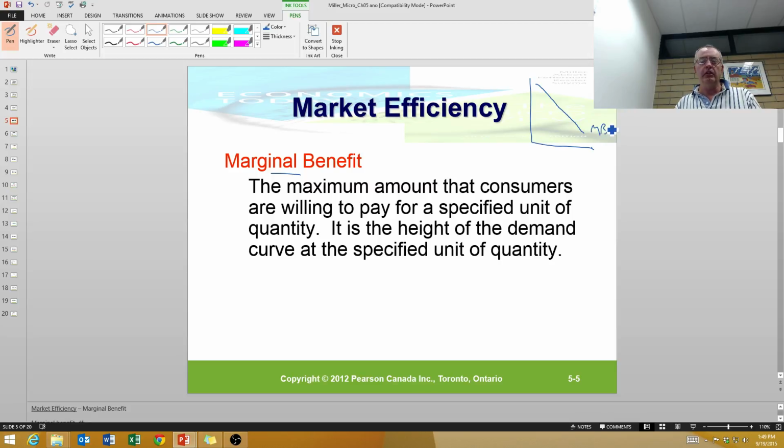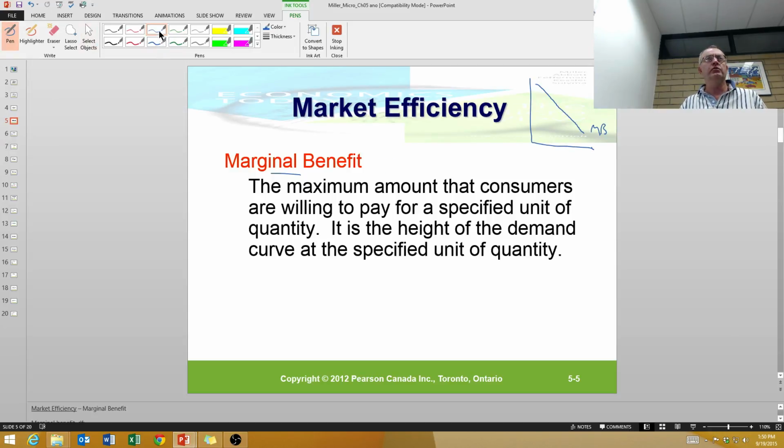We know that as we consume greater quantities of an individual good, the benefit we receive declines. And the marginal benefit is the extra amount of benefit that a consumer receives from consuming an extra unit of that product.